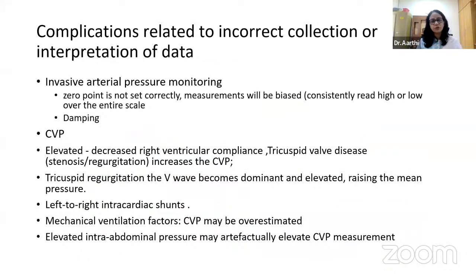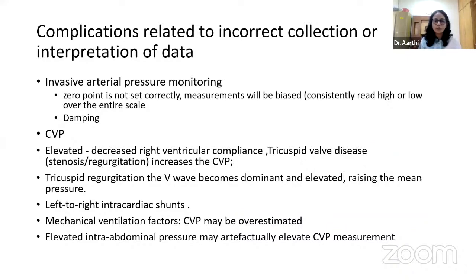So we have discussed how we interpret different invasive hemodynamic monitors. Now we need to understand the complications related to these invasive hemodynamic monitors. In patients with arterial blood pressure monitoring, one needs to be very sure about zeroing.